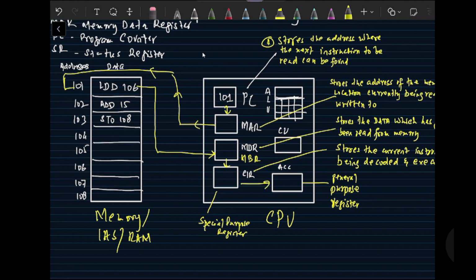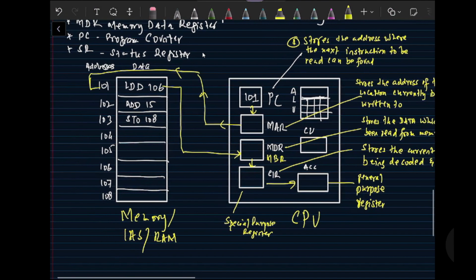So this is about it, and all right, one more, that is the status register. What the status register is doing, it's not mentioned here. The status register has a different role than the general purpose register.